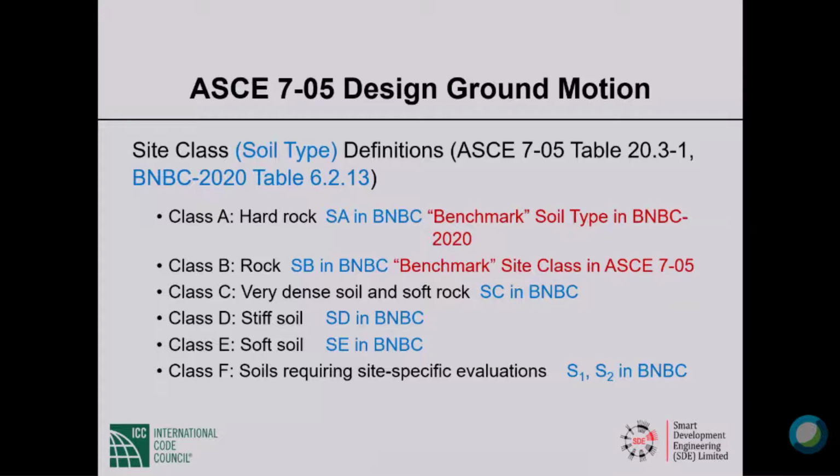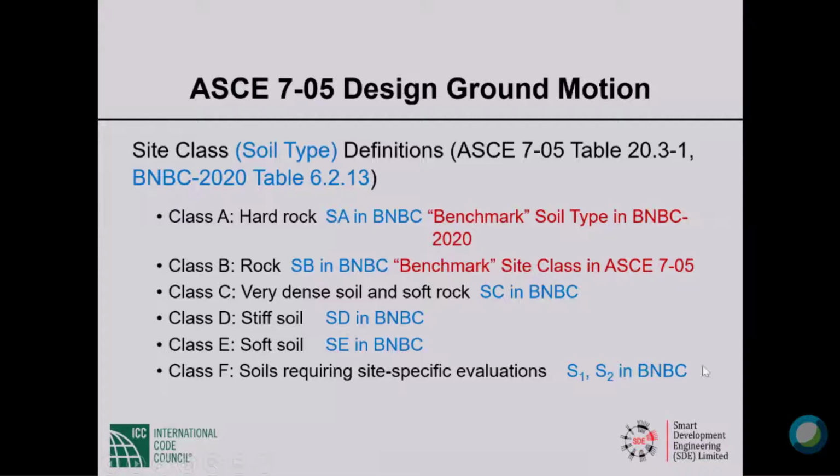Okay. In BNBC, the site classes are called soil types. The site class A is soil type SA, B is SB, C is SC, D is SD, E is SE. F, however, has been split into S sub 1 and S sub 2. These are all defined.